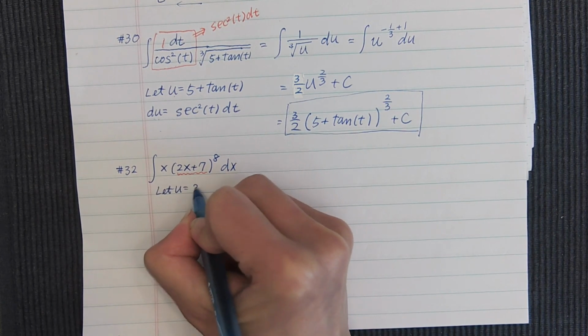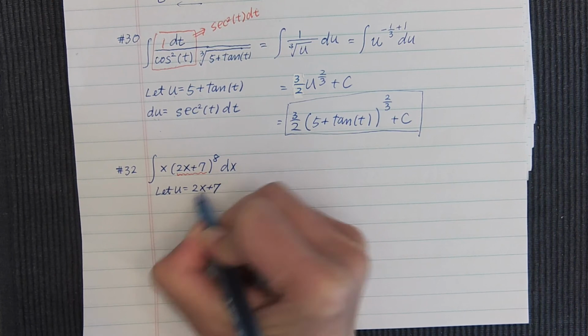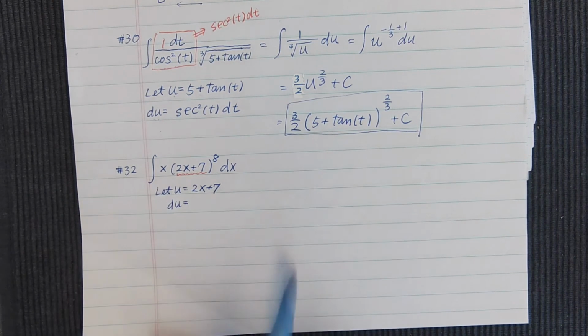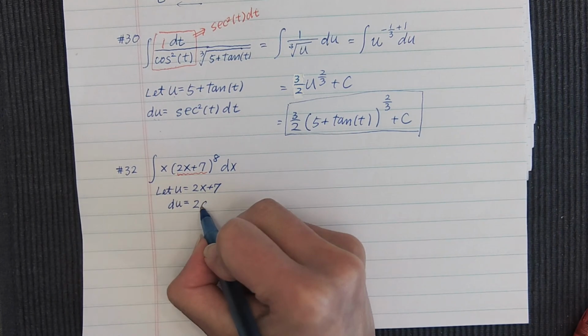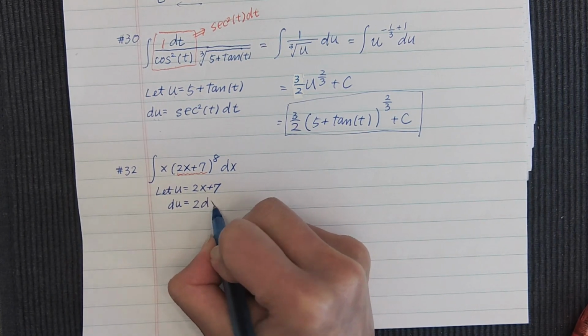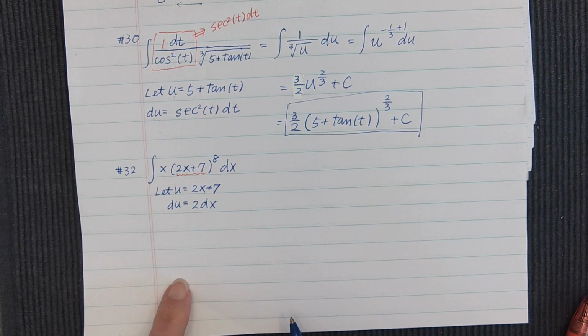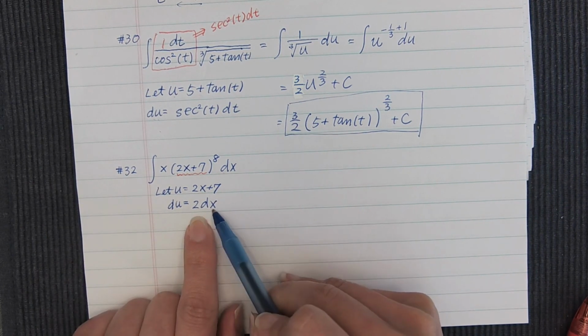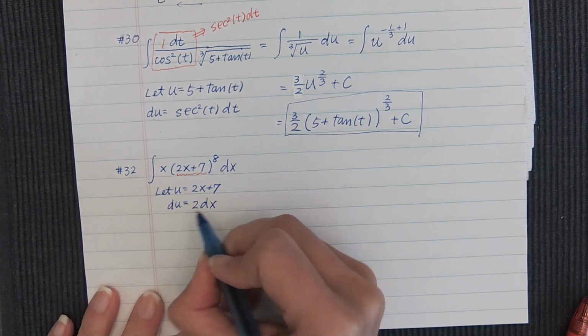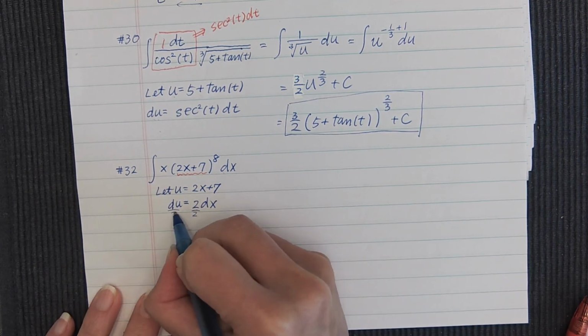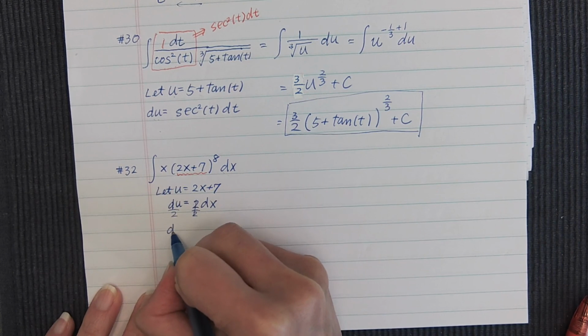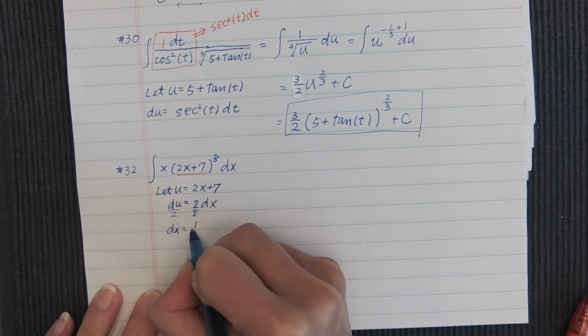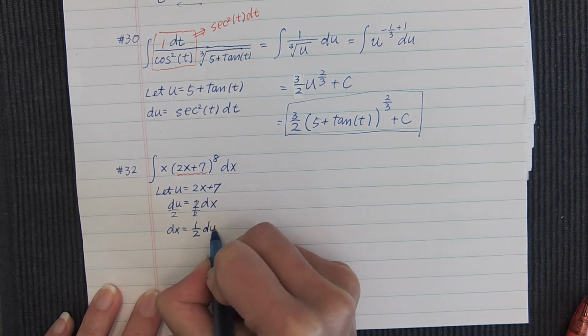What's the du? 2 dx, right? So, do I have a dx? Yes, I do have a dx, I just don't want a 2. Divide by 2, so dx is 1 over 2 du, right?